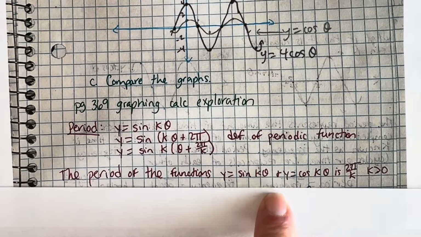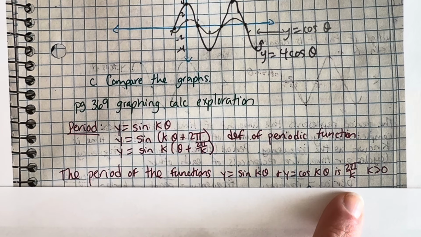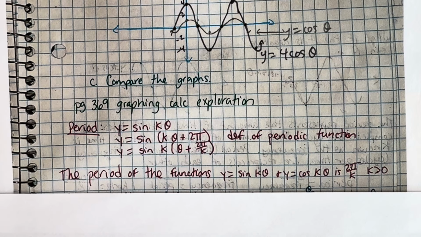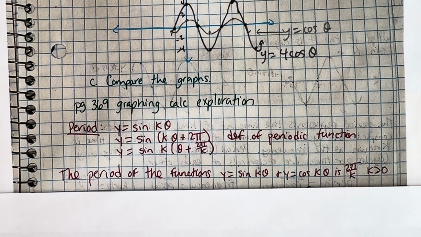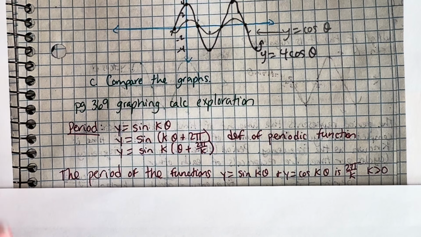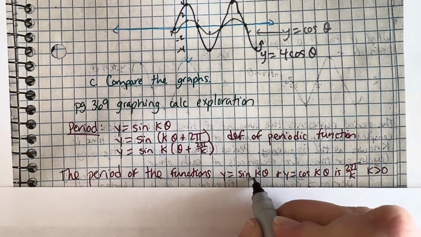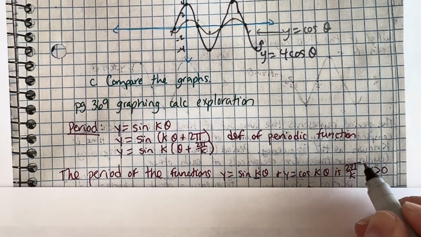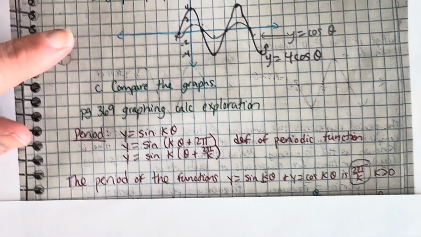So this number here, where this k is, we would put it into 2 pi over k, and that would tell us what the new period of our function is. So the location of the k is where we find the number that has to do with our period. Okay, so we're talking about this k, and then we need to plug it in to this thing right here.